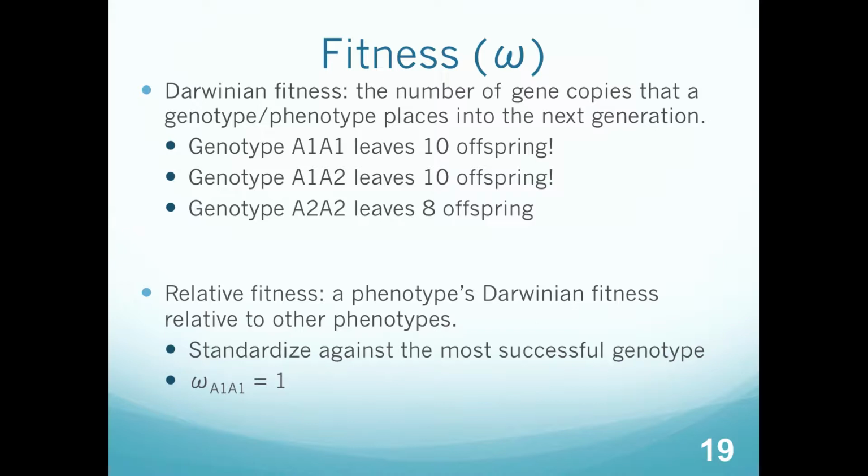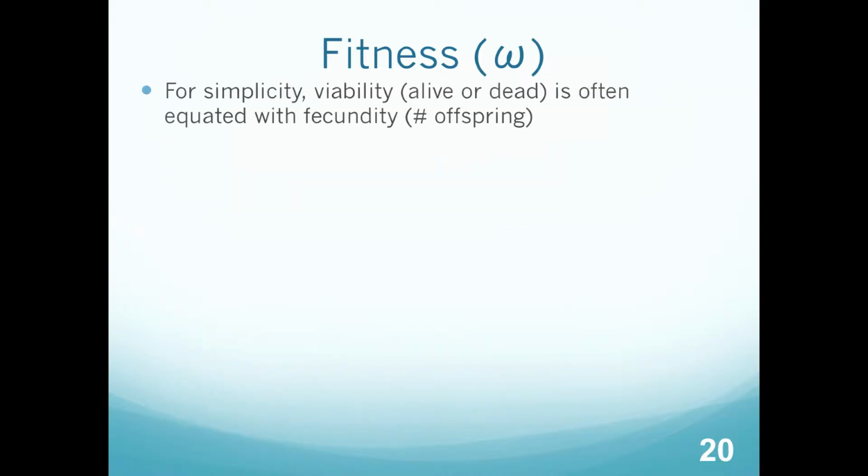So, for example, in this example from above, the fitness of A1A1 is 1, the fitness of A1A2 is 1, and the fitness of A2A2 is 8 out of 10, or 0.8. As I said earlier, we can distinguish between viability selection versus fecundity selection.